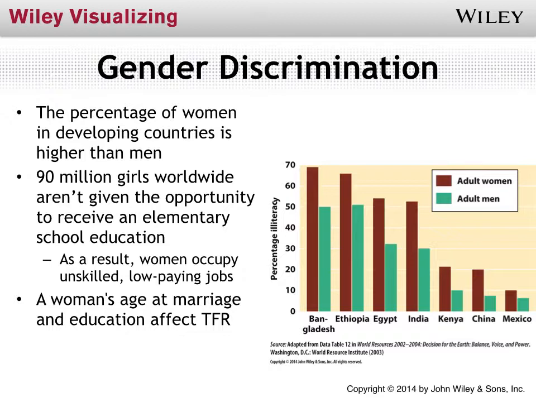The women's age at marriage and their level of education directly affect total fertility rate. In developed countries like the United States, women get married older because a larger percentage of them get not only a high school education but a college education. Because they're educated, they seek career opportunities.